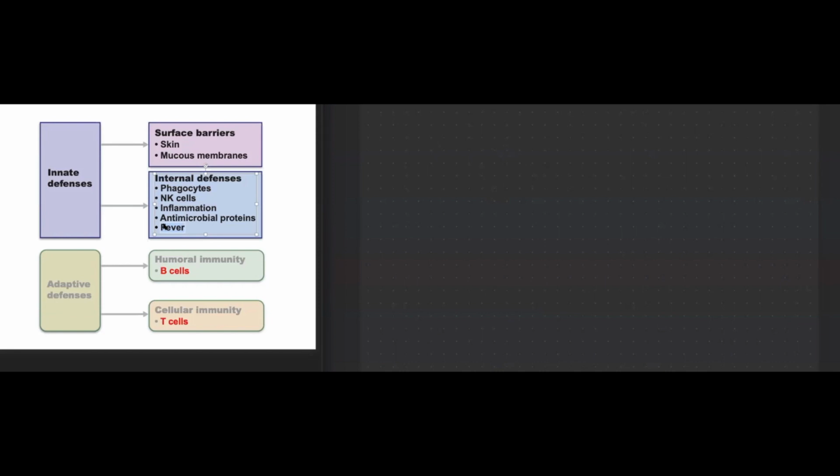It doesn't tell me this is the pathogen. It's something your body uses to defend itself, non-specific. Another part of the innate immunity is the antimicrobial proteins.